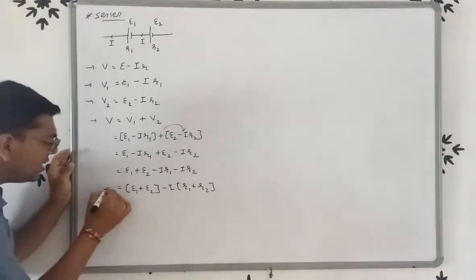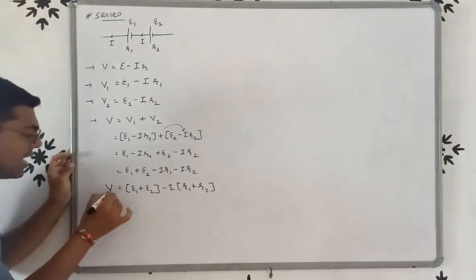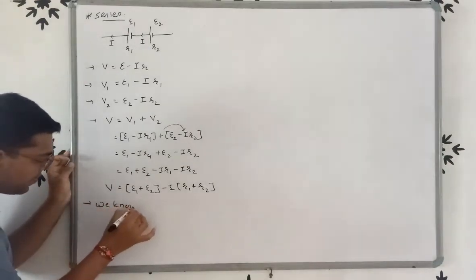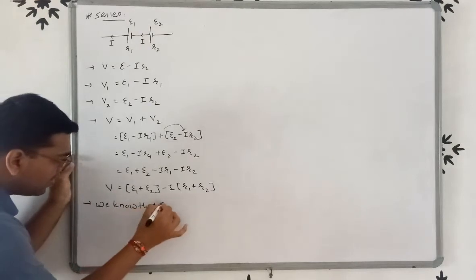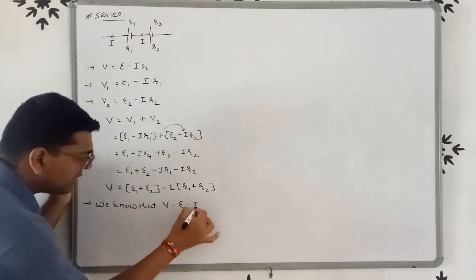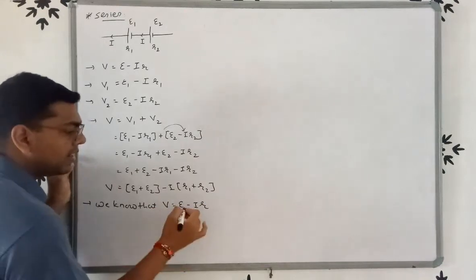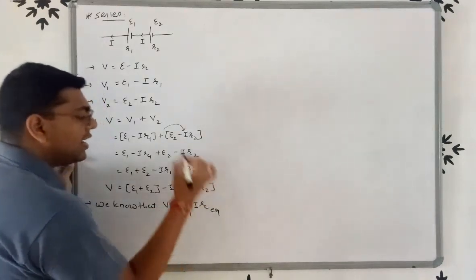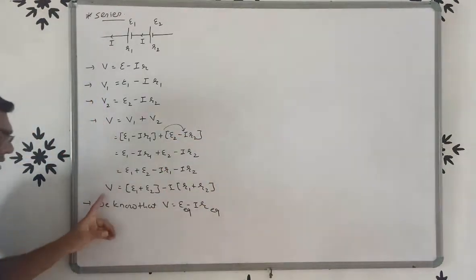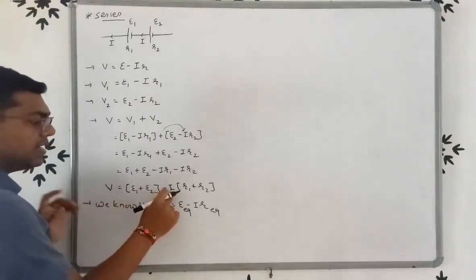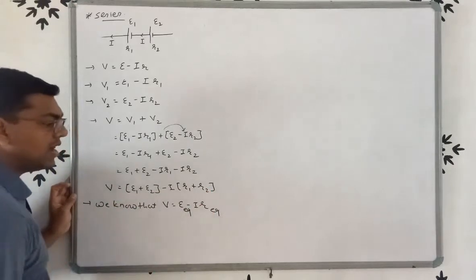So we know that V is equal to E minus IR. So instead of E we can write E equivalent, and instead of R we can write R equivalent. So compare this equation: V is equal to E1 plus E2 minus I into R1 plus R2.